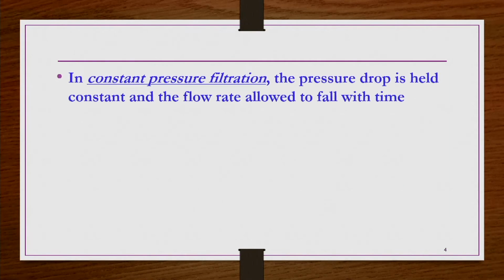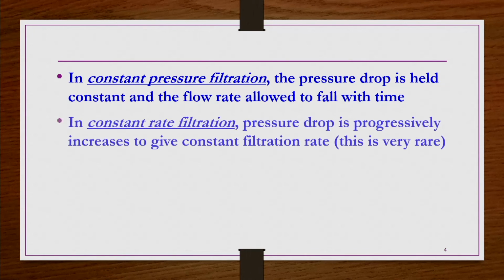That gradual increase in delta P with respect to filtration time is a very rare case. So, these two things are possible. In constant pressure filtration, the pressure drop is held constant and the flow rate is allowed to fall with time. In constant rate filtration, that is, constant volumetric filtration rate, the pressure drop progressively increases to give a constant filtration rate, but however, this is a very rare case.